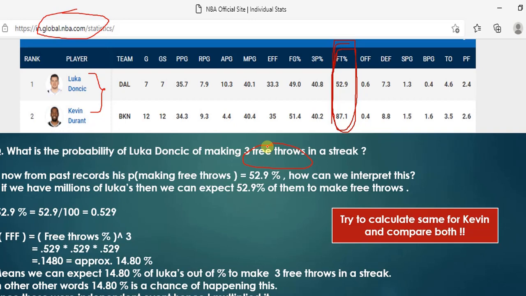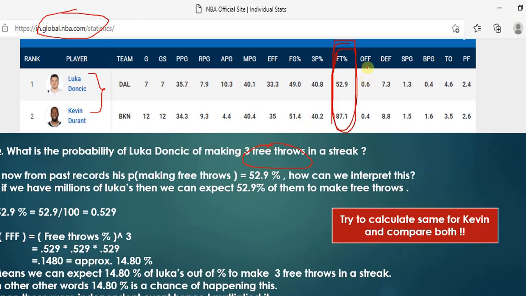For example, if in the first game he did not do better, it's not that he will also do more or less in the next game depending upon what he did in the first game. I hope you are understanding. Now the best way here to think is, okay, we will come to that later.